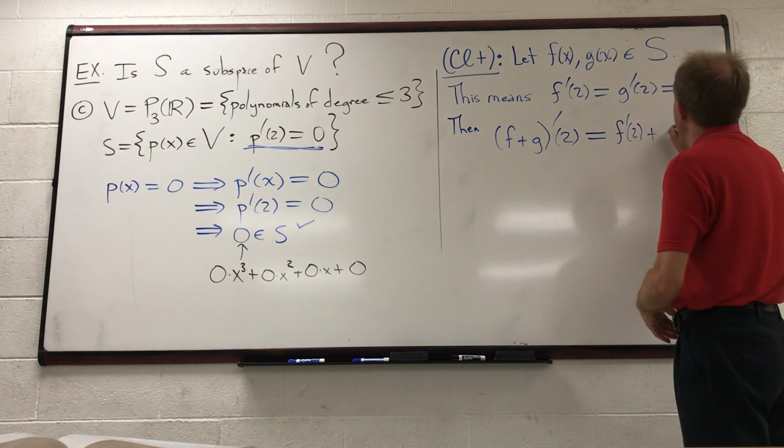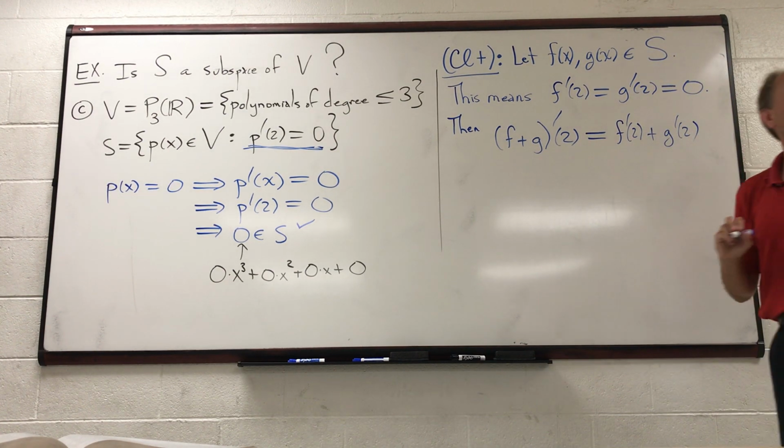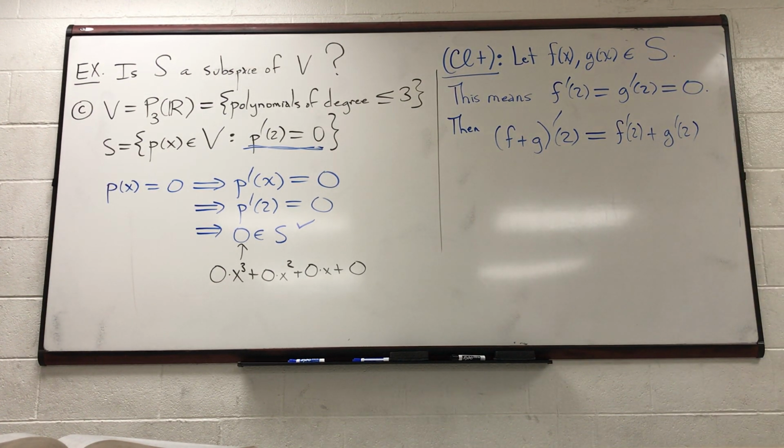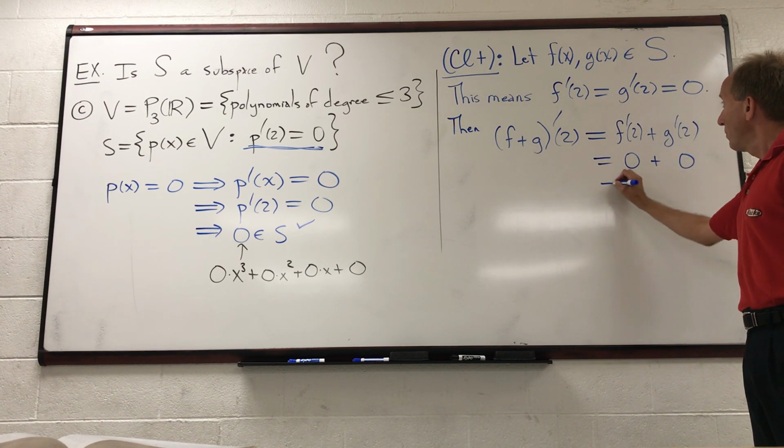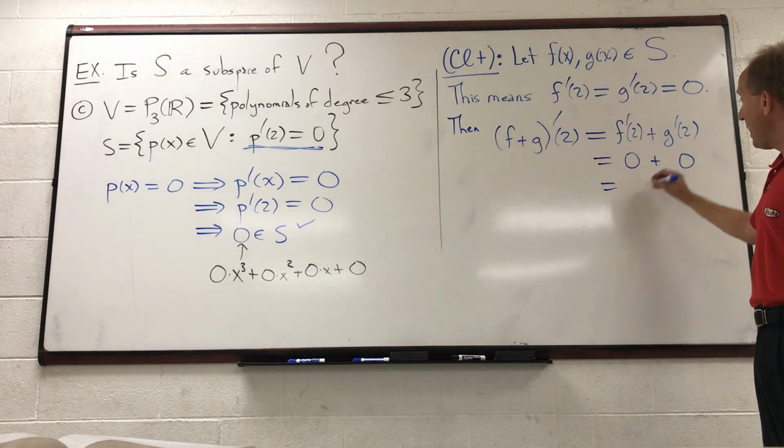Exactly. The derivatives respect addition, right? So if I want to add the derivatives individually, I could certainly do that. This is just the derivative of f at 2 plus the derivative of g at 2, which is 0 plus 0 by assumption, and that therefore is 0.